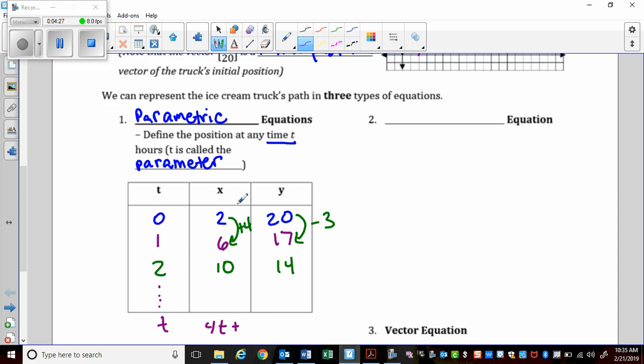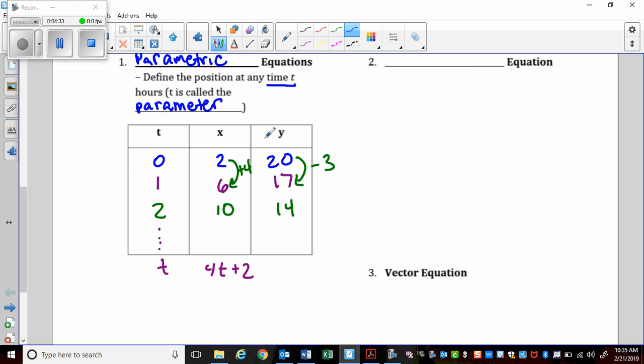I didn't start at 0. We're going to start at 2. And my y in relation to t, it looks like I'm just subtracting 3 each time. So I know it's going to be -3t. But this one, I'm starting at a positive number, so I want to put this first. My positive number is 20. So I have 20, and then I would just put minus 3t or plus -3t. That's fine, either way.